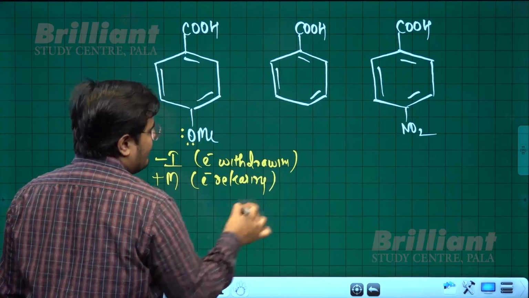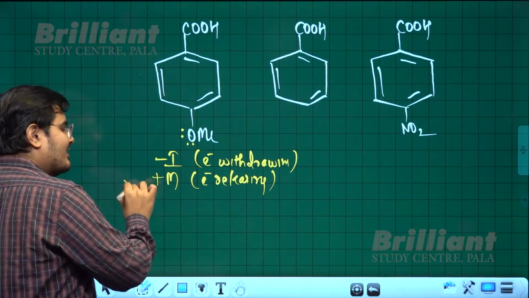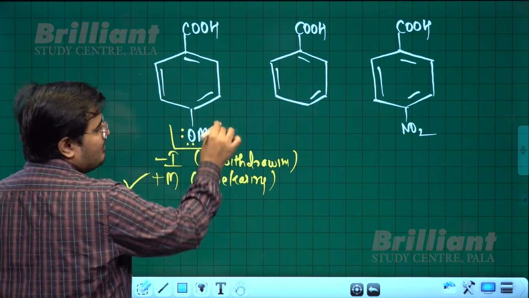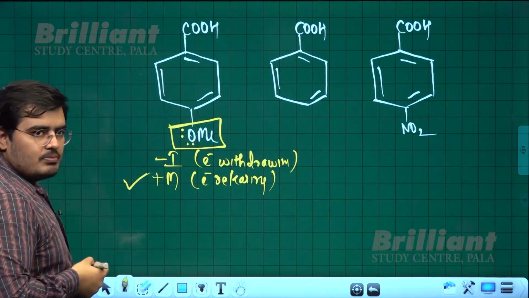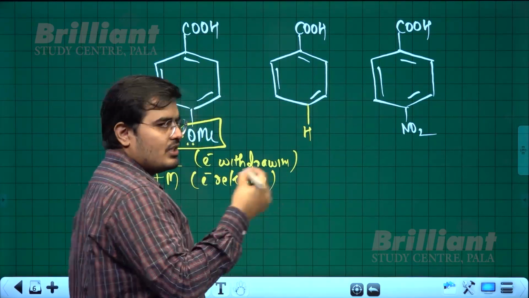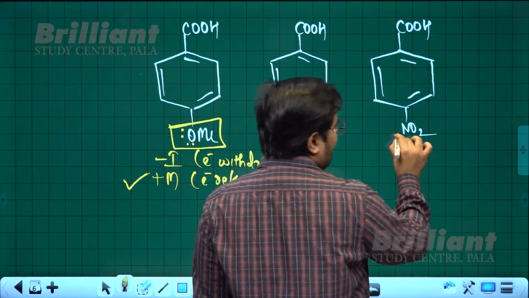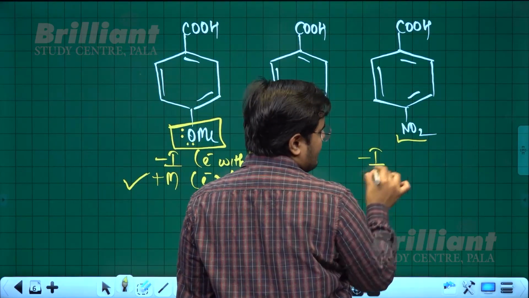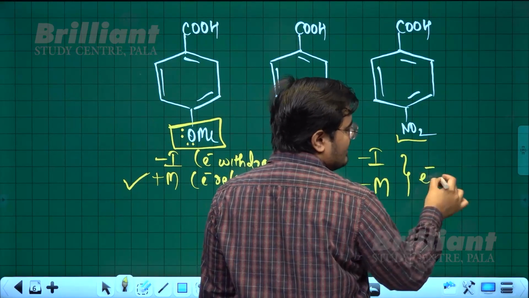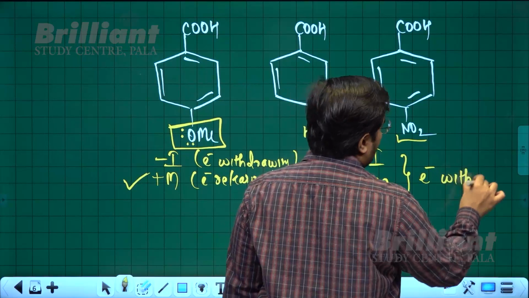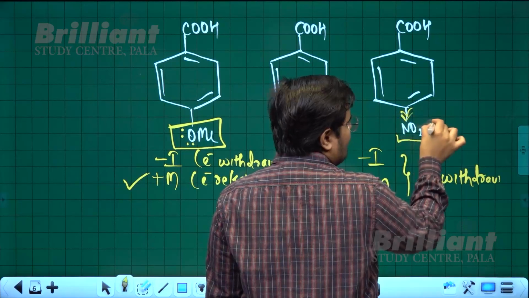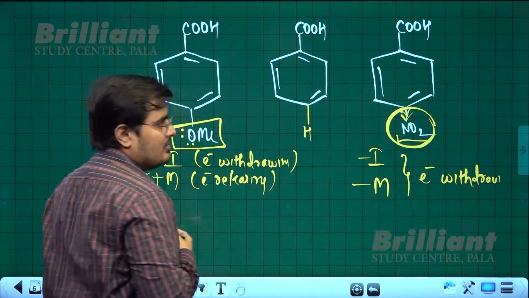In general, it's the plus M which dominates, so OMe will end up overall as an electron releasing group. Here a hydrogen is attached at the para position, which does not show any effect, whereas nitro shows minus I and minus M, and both effects are electron withdrawing. So NO2 here will act as an overall electron pulling group.